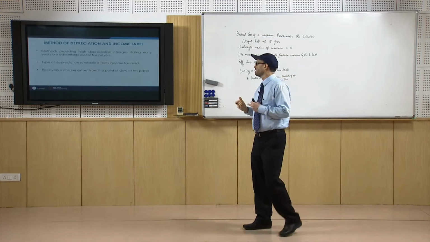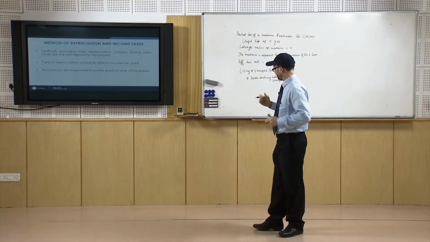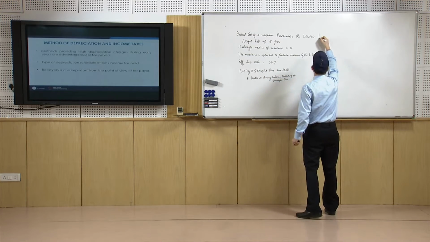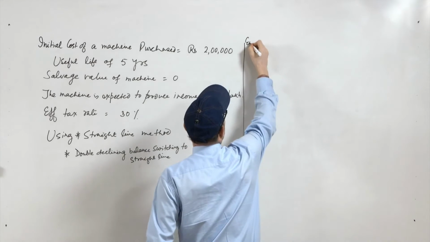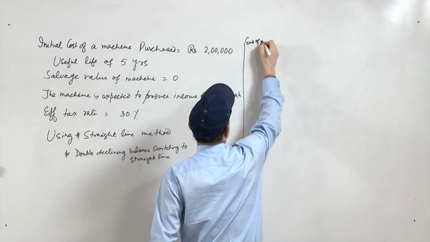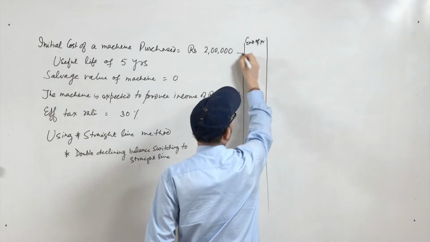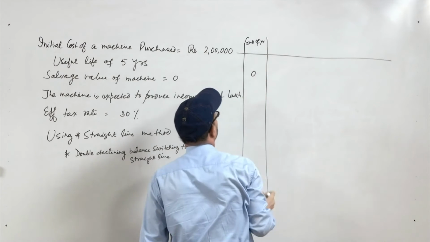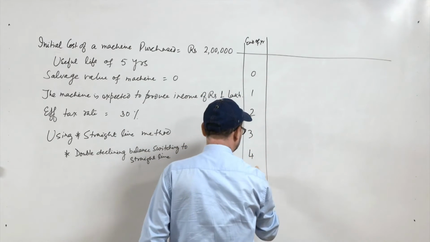We can have the value of the present worth of all the taxes paid. Now, let us have a table in which we will do the tax calculation. So, it is year 0, 1, 2, 3, 4 and 5.